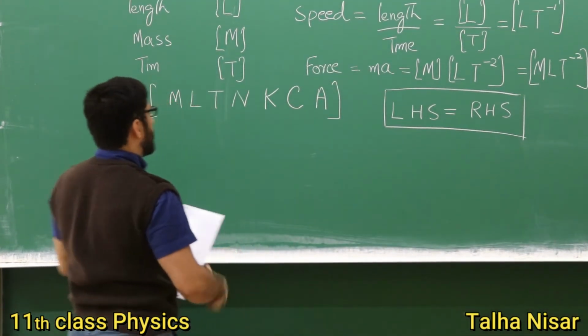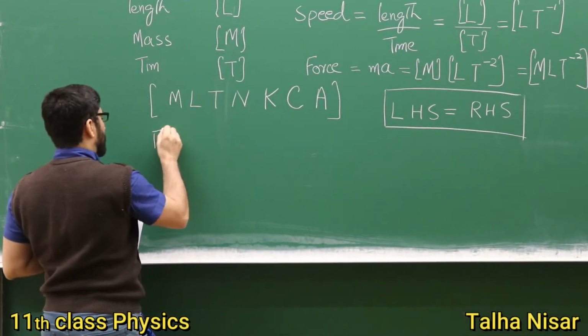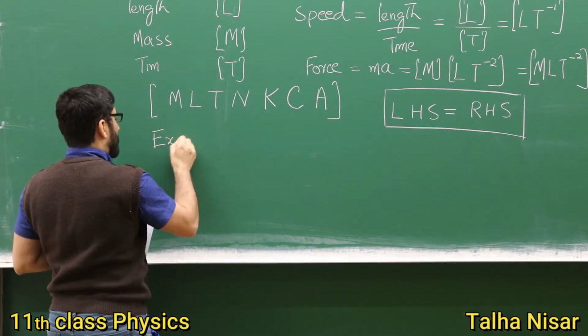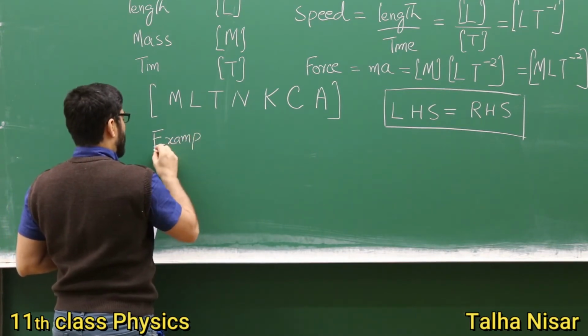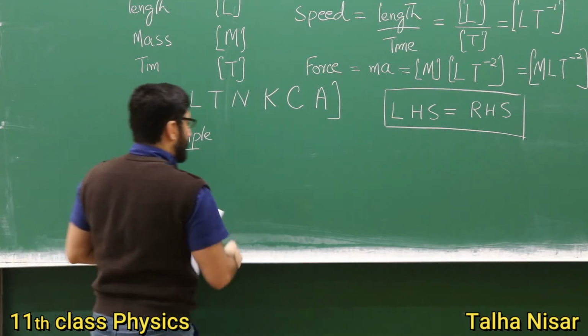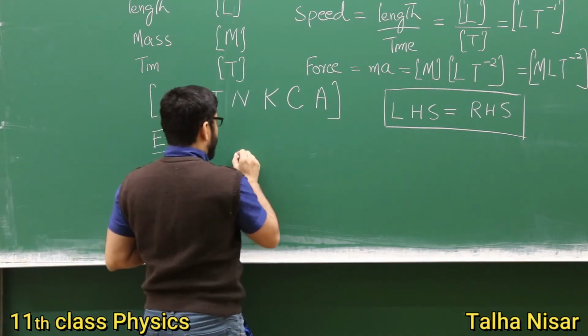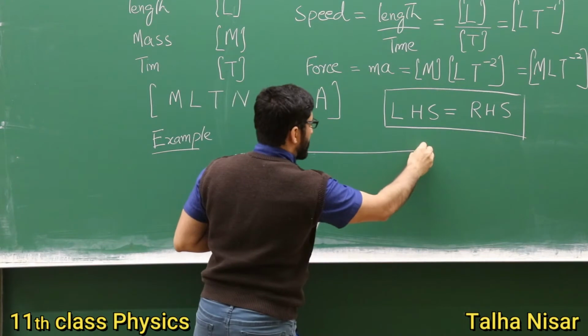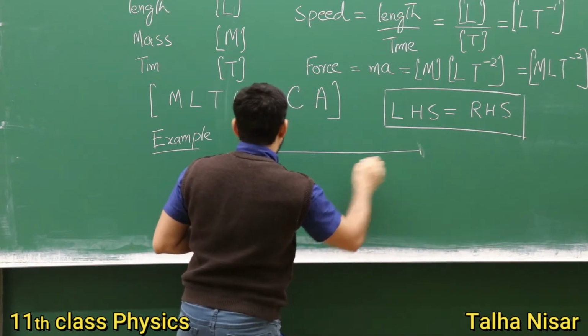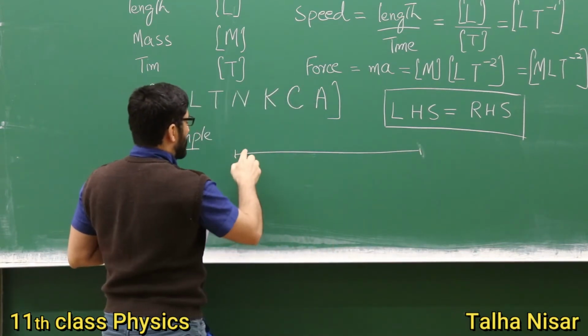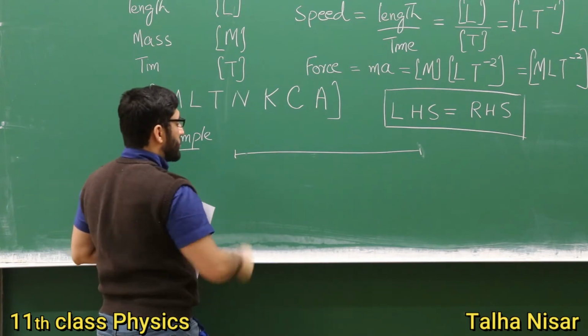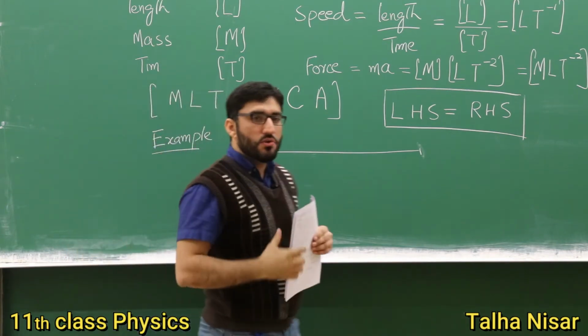For example, just an example. So example is, if we have a string. If I just disturb this string with my finger, so there will be a wave that will be produced in this string.